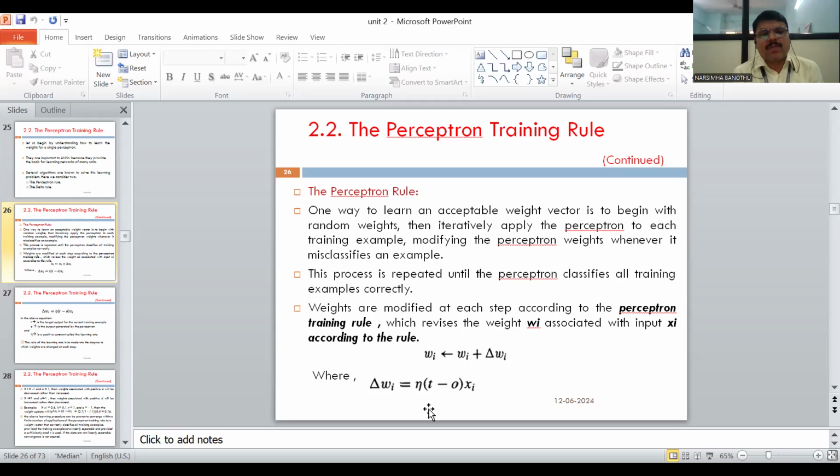Weights are modified at each step according to the perceptron training rule, which revises the weight Wi associated with the input xi according to the rule: Wi gets Wi plus delta Wi, where delta Wi is equal to n of (t minus o) times xi.